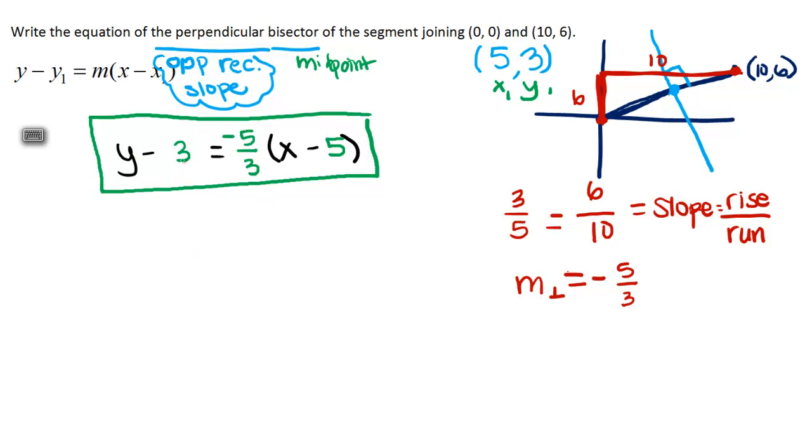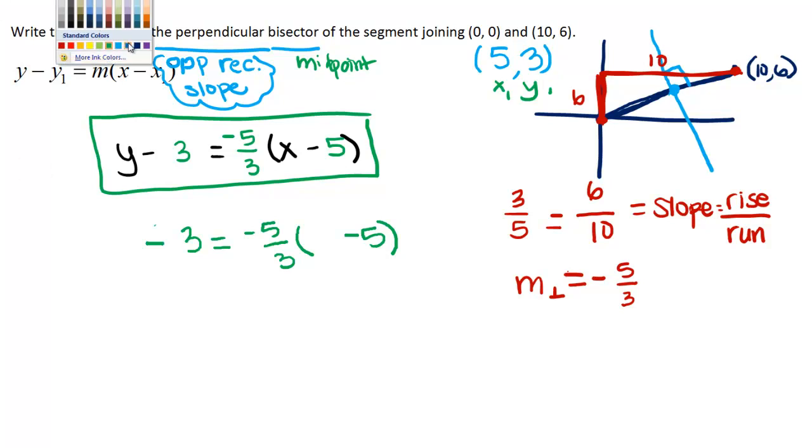First I'm just going to copy this equation: y minus 3 equals negative 5/3 parentheses x minus 5. I'm going to plug in my x and my y. The reason I'm doing this is I'm checking x, y, so 5 and 3.